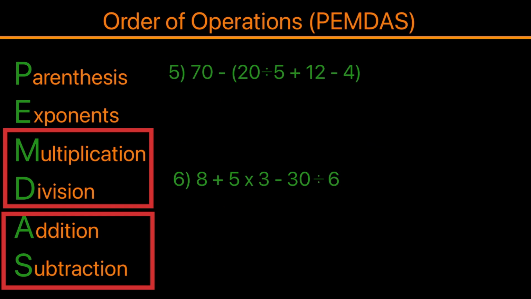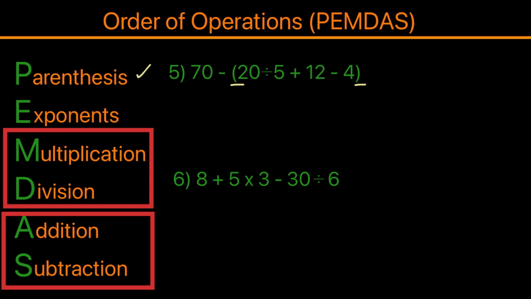Now for the fifth example here, we have a fairly long equation. And we're going to go down the list and check if there is anything with parentheses. So we can see that there are parentheses here. So that means that we have to work on everything that's inside the parentheses. Now there's a lot inside.